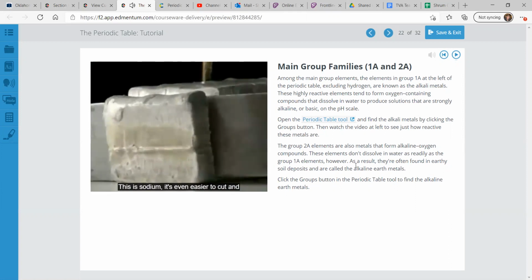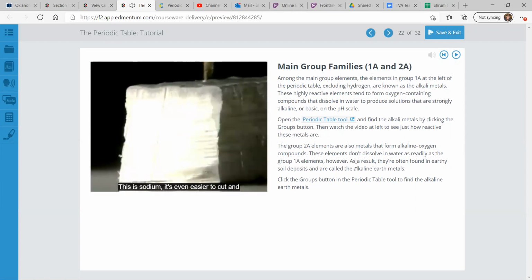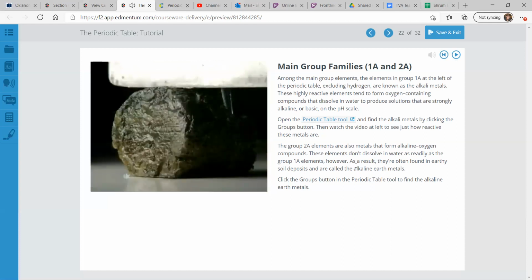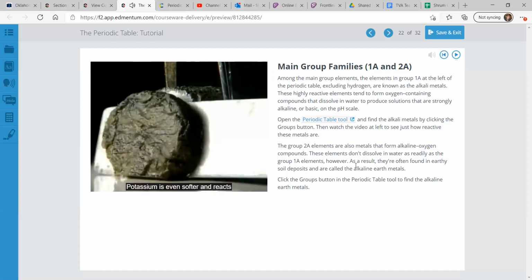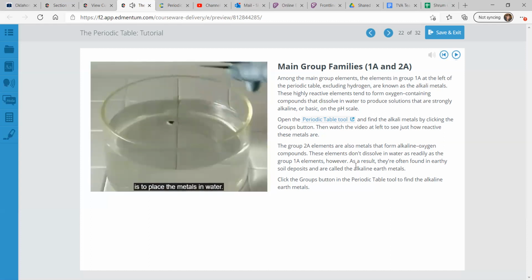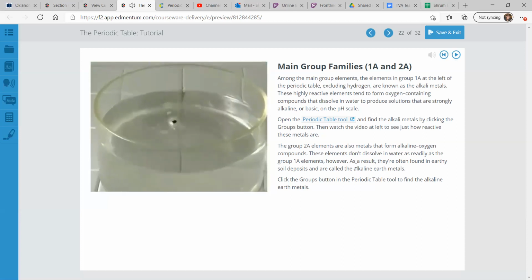This is sodium. It's even easier to cut, and again the shiny surface soon discolors. Potassium is even softer and reacts so quickly it tarnishes immediately. Another way of comparing reactivity is to place the metals in water. Lithium floats.